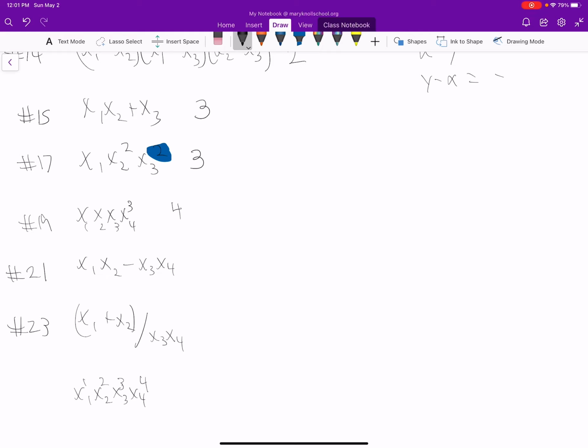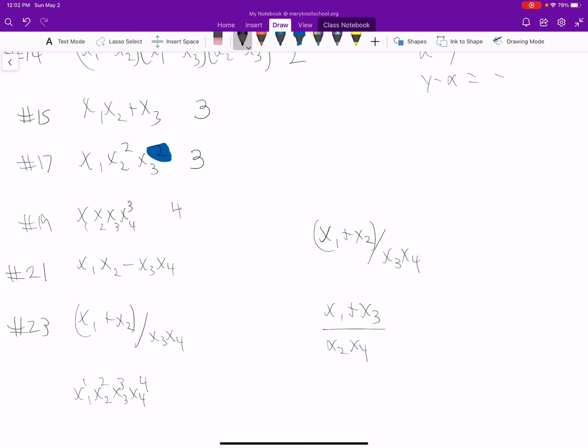So we'll see. Okay, so we could do x1 plus x2 over x3, x4. All right, let's move something to the top. So we could do an x1 plus x3 divided by x2, x4.